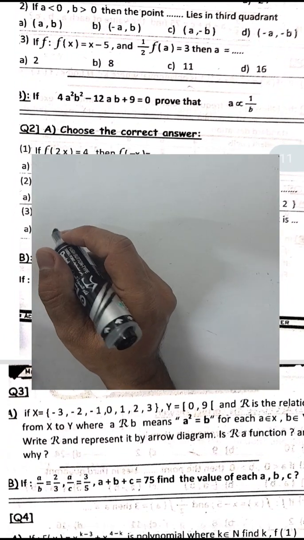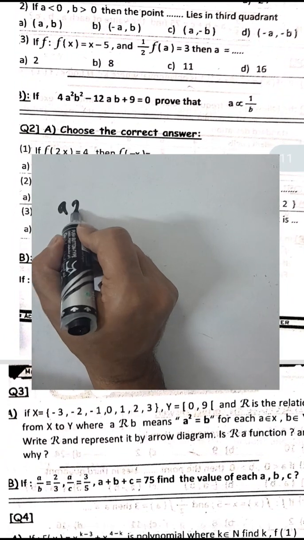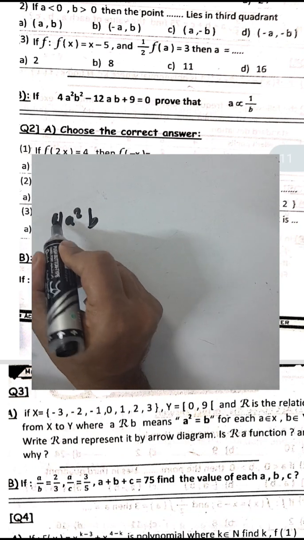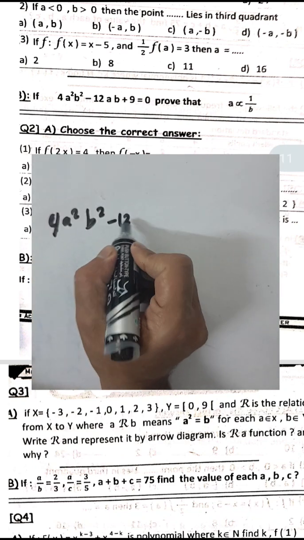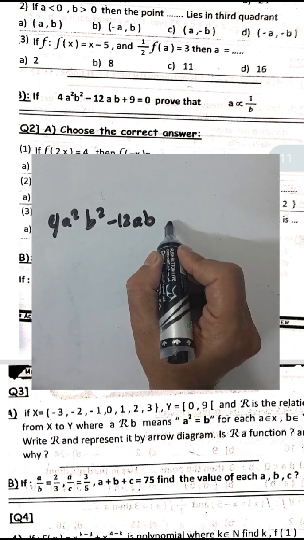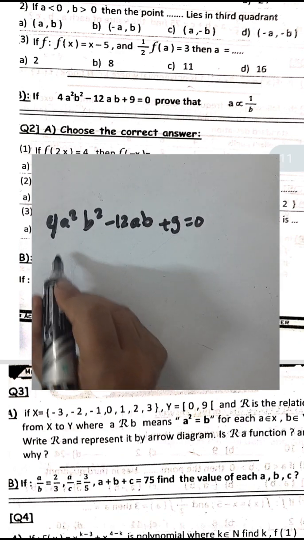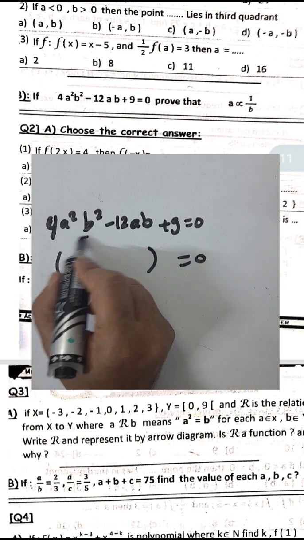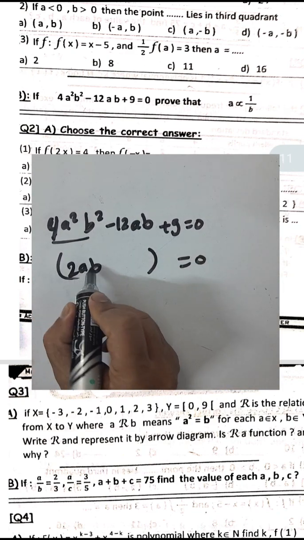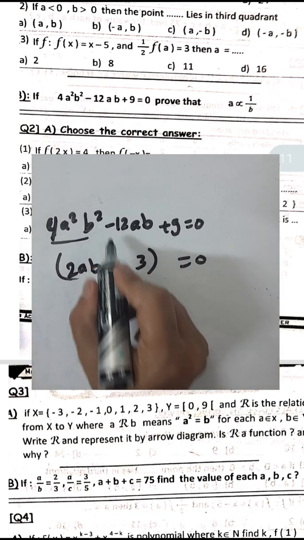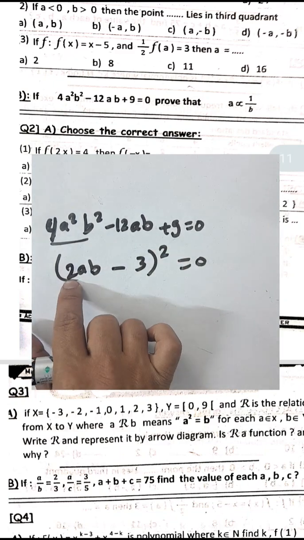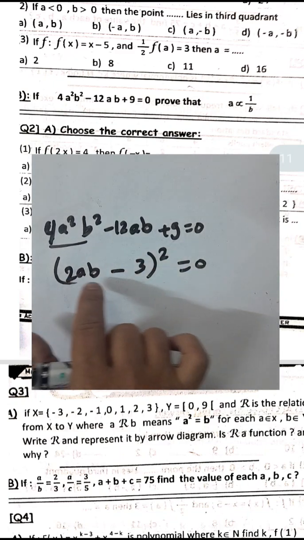Next question: if we have 4a squared b squared subtract 12 a b plus 9 equals 0, we can write this example as a perfect square. The square root of the first term is 2ab, the square root of the third is 3, and we write negative in the middle and power 2, because the middle is 2 times 3 times 2ab, which is 12ab.